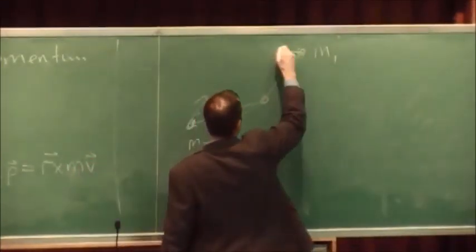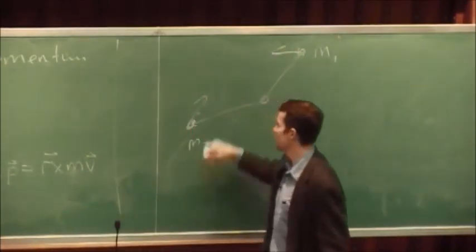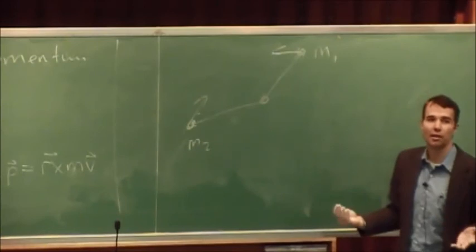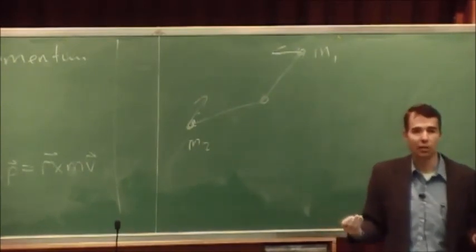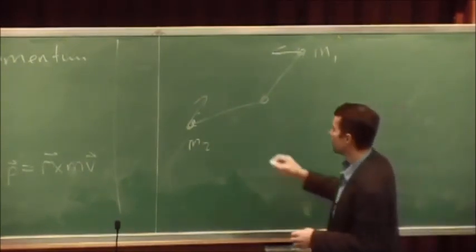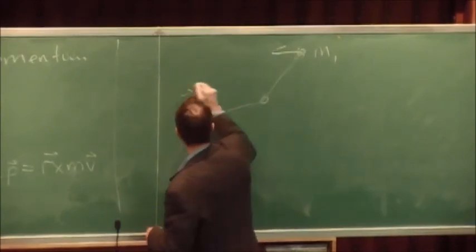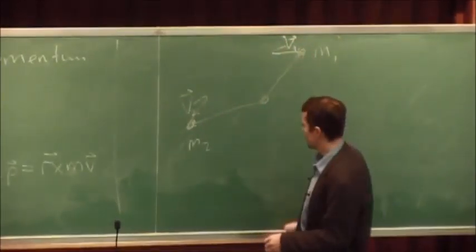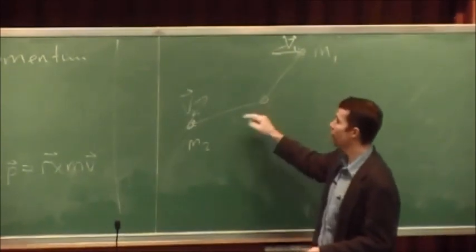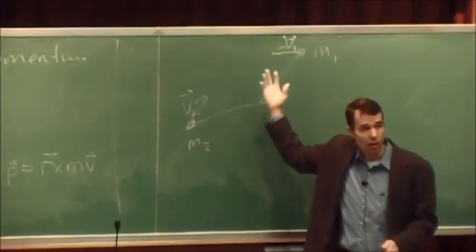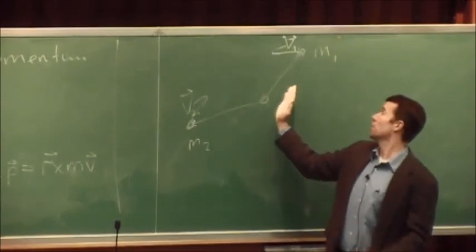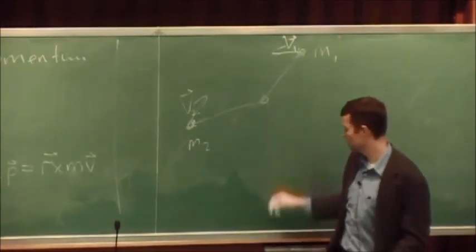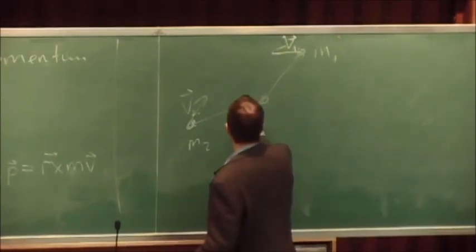For example, if I have two particles, one's moving this way, one's moving this way, let's just do it qualitatively, how would I find the angular momentum about this point of these two particles, if this is moving with velocity v2, and this is moving with velocity v1?